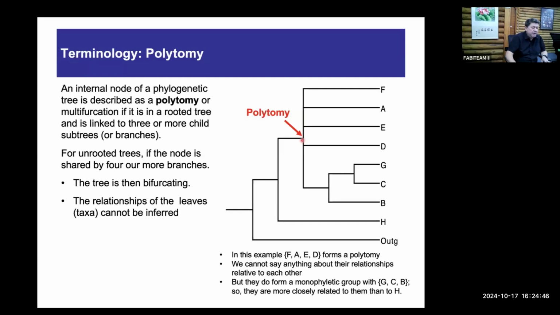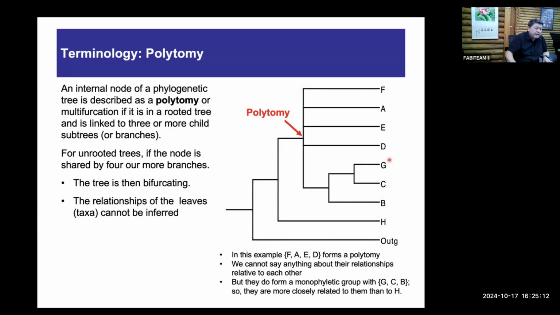That node is then a polytomy because we have many taxa that share the same ancestor. And there's no way that we can say what is the phylogenetic relationship between F and A, or F and E, or F and D. The only thing that we can say is that they share an ancestor here, so they form a monophyletic group here with G, C, and B.